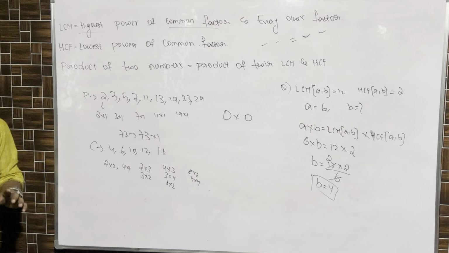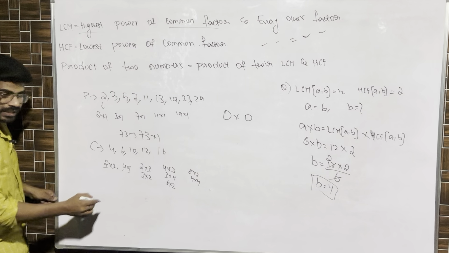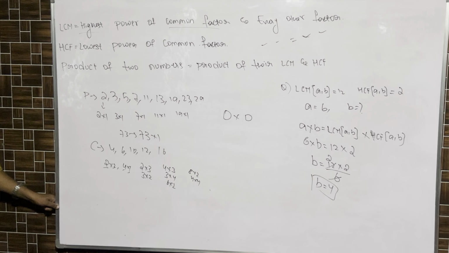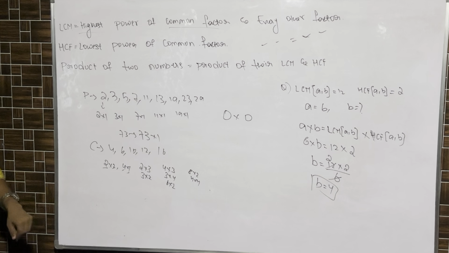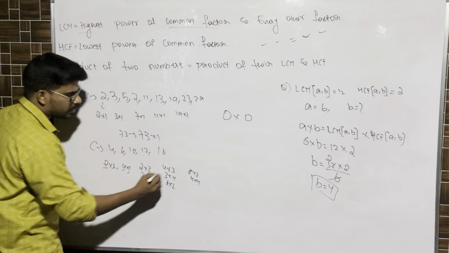So what are composite numbers? Any number which can be written as a product of its factors. What is the definition of a composite number?